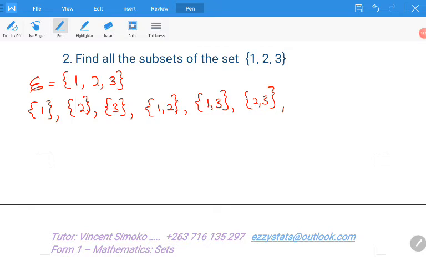The next set that we are going to look at is the universal set, 1, 2, 3, and an empty set. We can use empty curly brackets to represent an empty set. So you can either write it this way or this way, but I normally prefer the latter one.